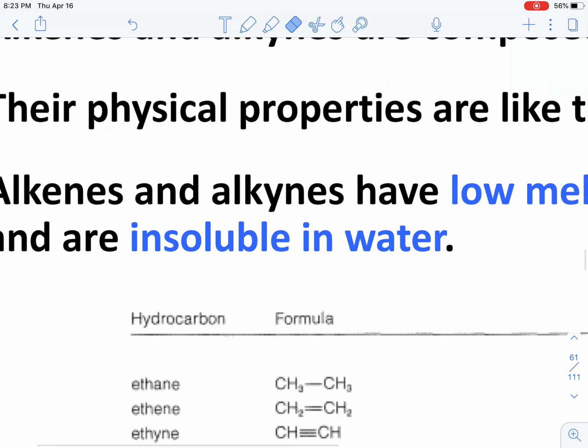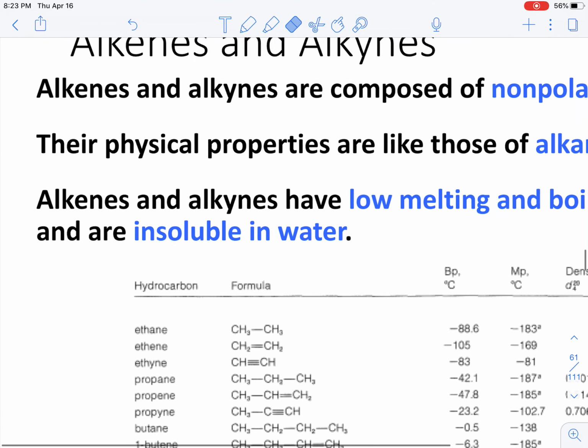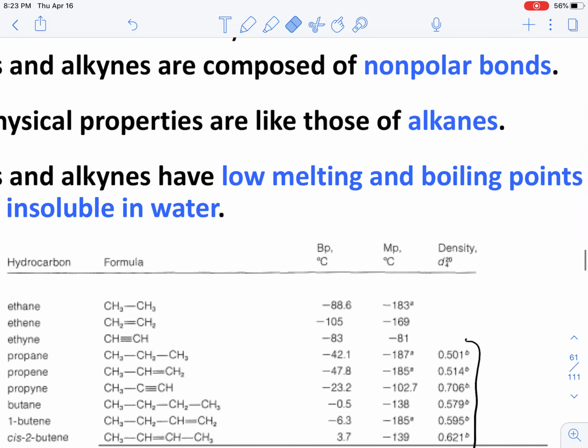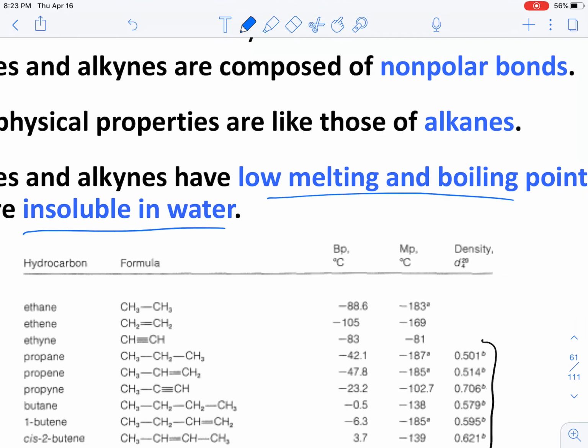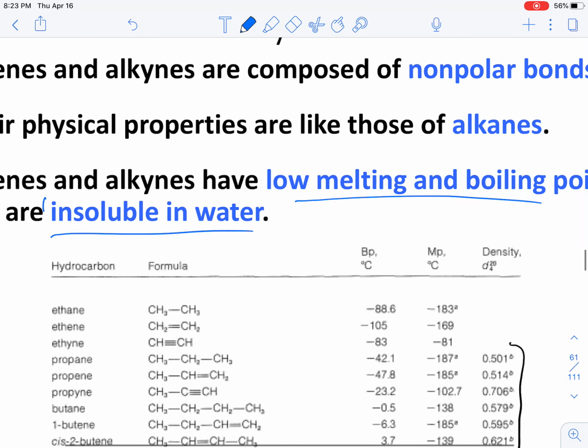And so alkenes and alkynes, very similar to alkanes, have low melting and boiling points, and they're also insoluble in water. Okay. Since they're insoluble in water, we're going to form a heterogeneous solution. Let's say we have 3 test tubes.